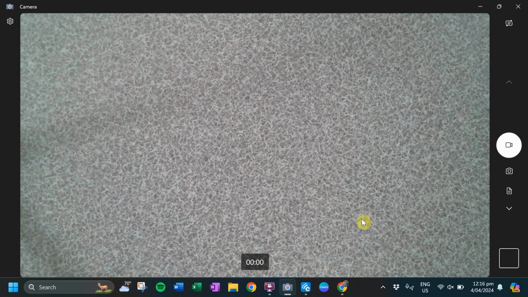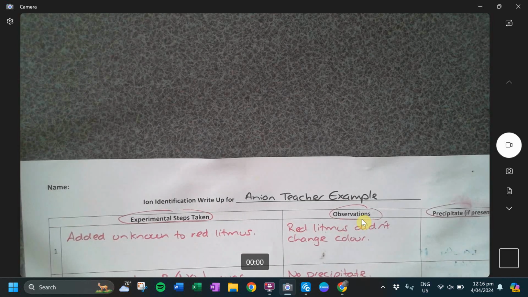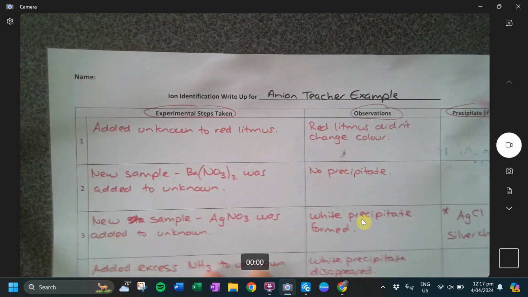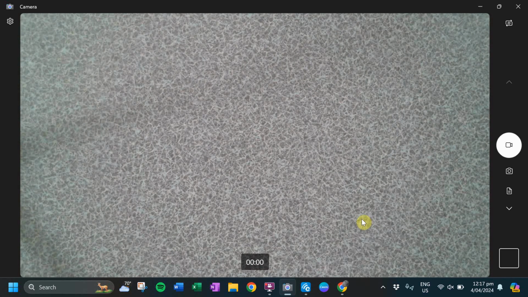You can just take a piece of paper and go experimental steps, observations, precipitates, and then just write it as is. And same thing on the back side: justification, equations. So we might just start doing this on refill. Okay? Did we get that? I figure that's fine. All right. I'll pass out another template. We'll call it anion unknown number 1.